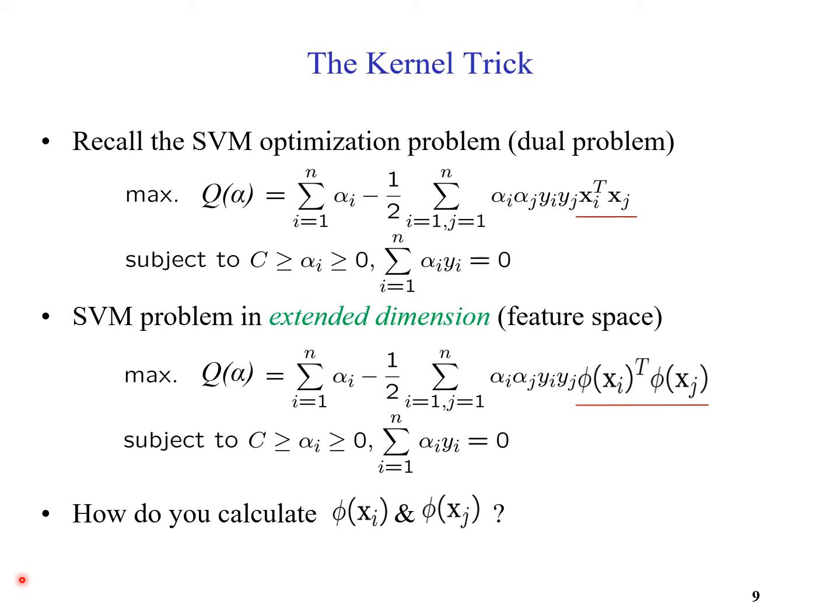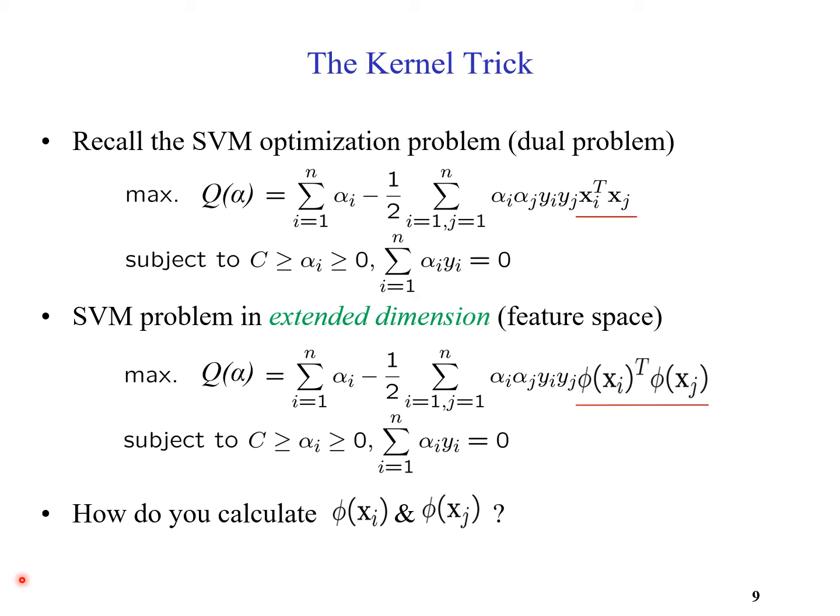So there are many advantages, but the most important reason for changing primal to dual is that we can use the kernel in the dual problem.